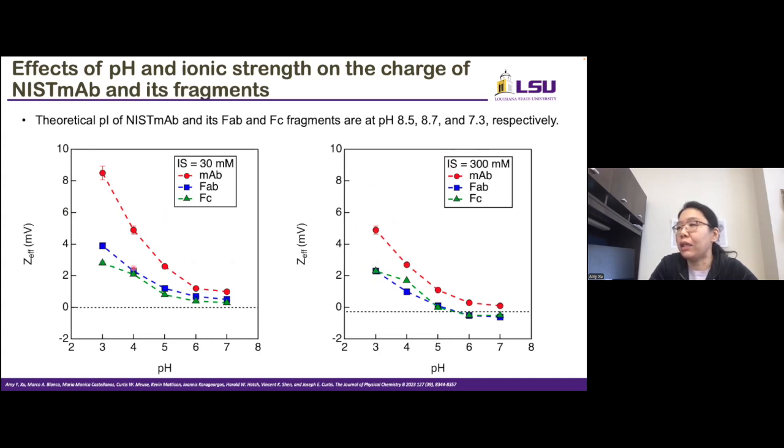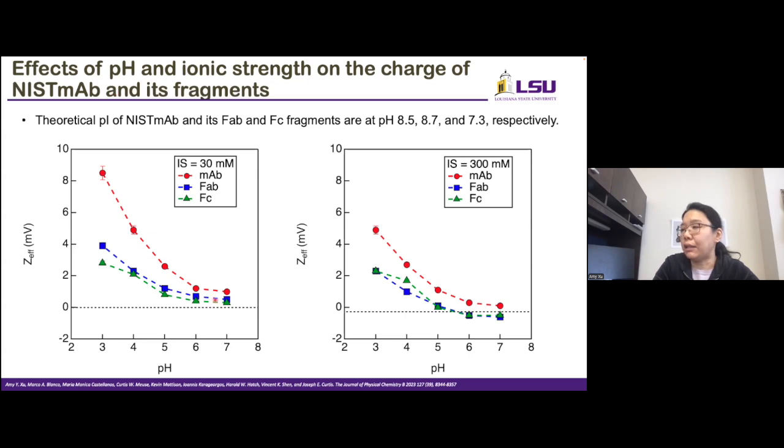The trend from these two figures suggests that when the pH goes from 7 down to pH 3, the protein becomes more positively charged. The theoretical isoelectric point of NISTmAb and its fragments is calculated to be around pH 8.